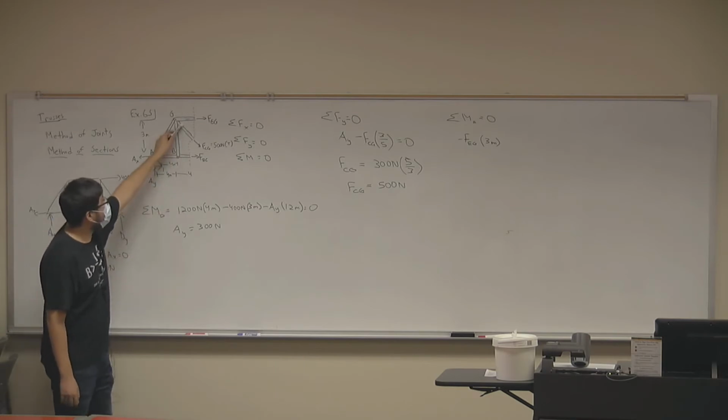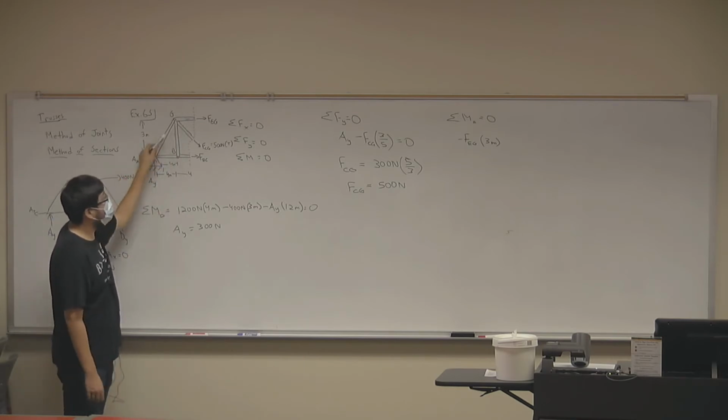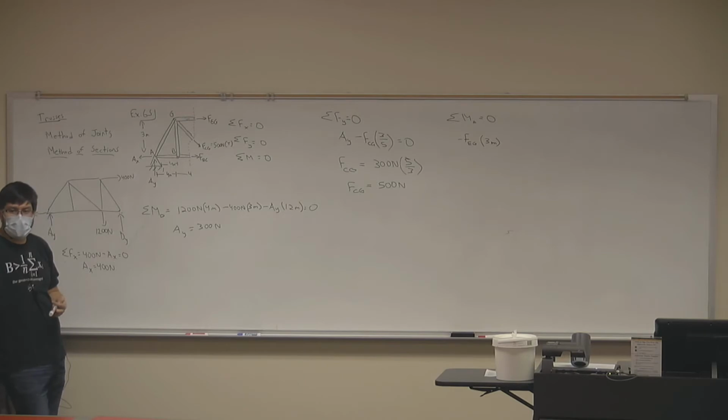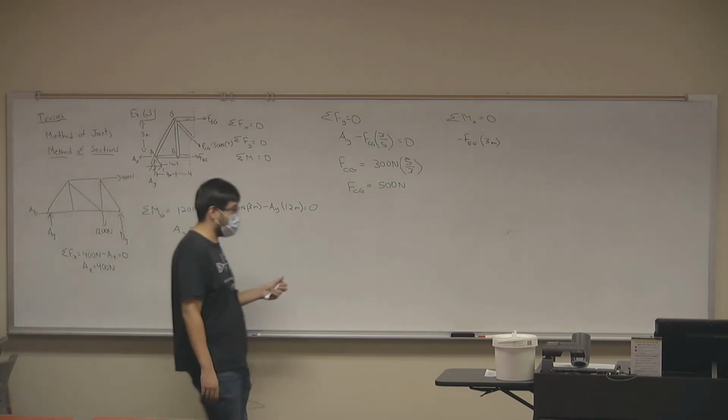Not unless there's a 90-degree angle between these two bars, and there isn't. I know that you can solve it. I know that it's going to take a while. Perhaps there might be an easier way that doesn't involve us having to find that force.